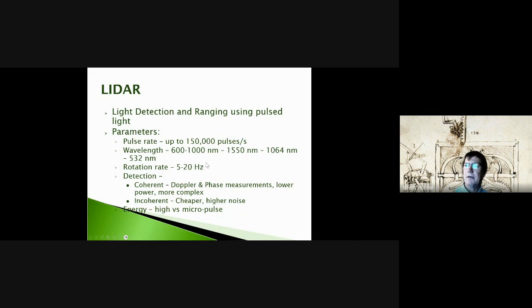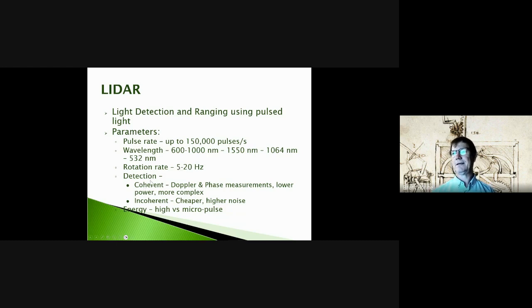So you have to factor in energy and mostly reliability when you decide all that. But obviously, there's a refresh rate associated with this. If you're rotating at 5 hertz, you're getting information updated at that rate.